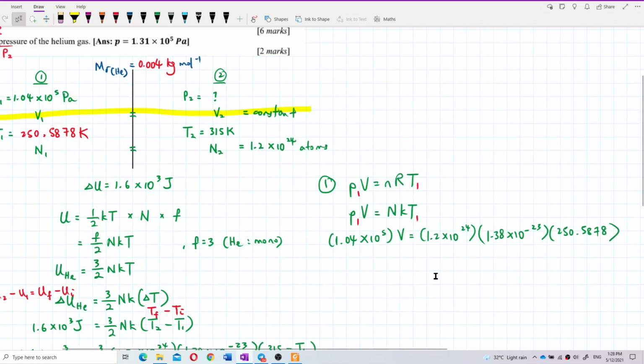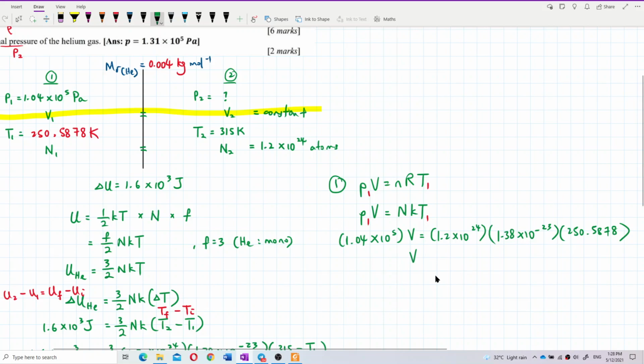Okay, so let's calculate. This volume is constant for both conditions. So apply 1.38 exponent negative 23, multiply 250.5878, and divide by 1.04 exponent 5.